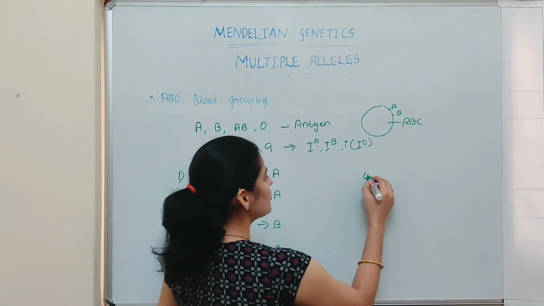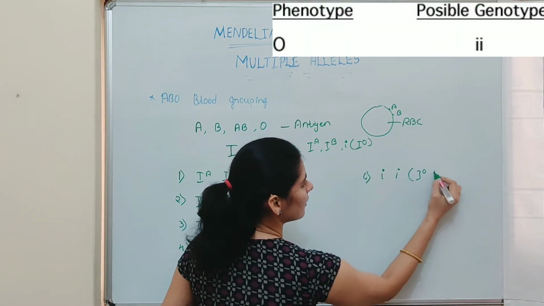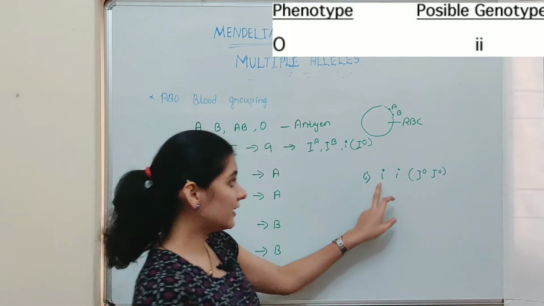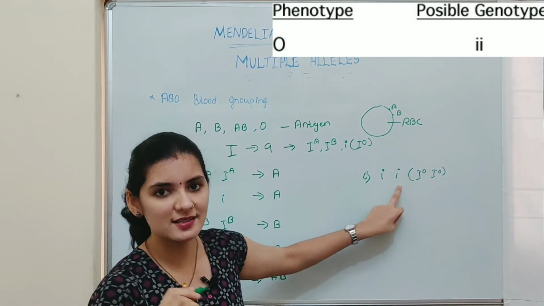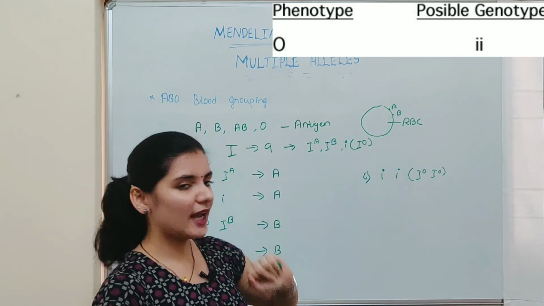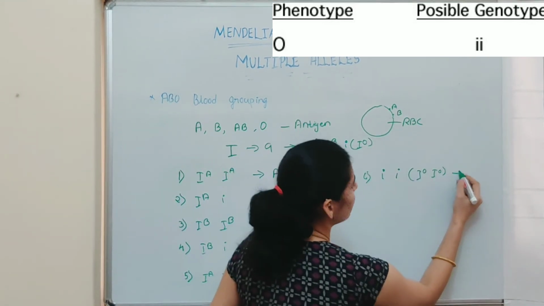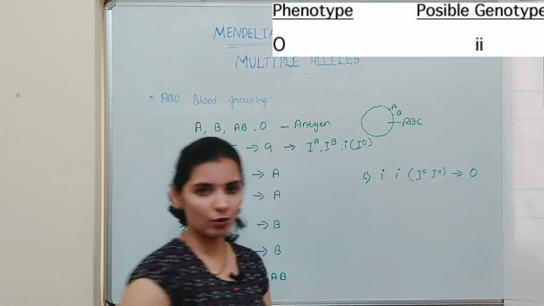And one more combination is small i, that is, IOIO. So in this condition it is homozygous recessive and the i allele does not have the capacity to produce any antigen on the plasma membrane of RBC. As a result, the blood group of this individual is O blood group.